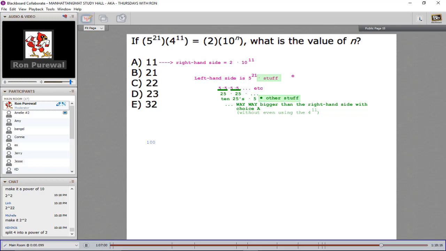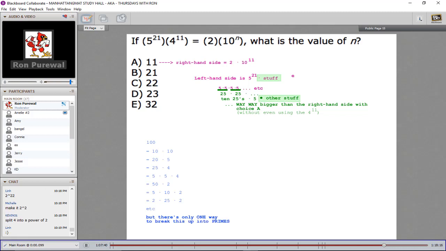Like if you have 100, you could break this up into 10 times 10, or 20 times 5, or 25 times 4, or even 5 times 5 times 4, or 50 times 2, or 5 times 10 times 2, or 2 times 25 times 2, etc. But there's only one way to break this up into primes, which is 2 times 2 times 5 times 5.